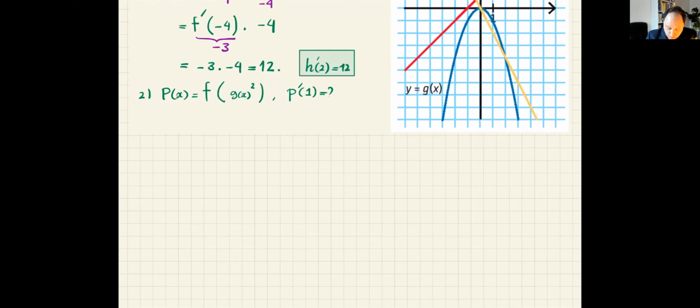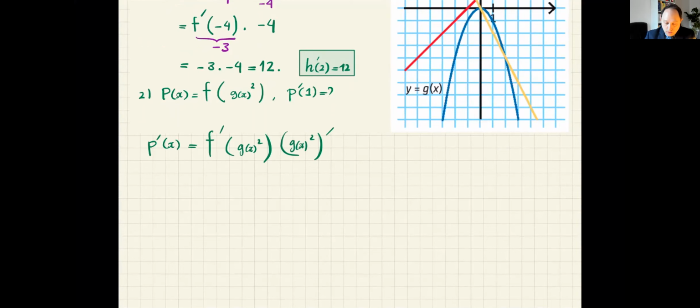Can you help me to do that? If I want to calculate the derivative of p prime, what should I write in front? Anybody? F prime at g of x squared times, and then brackets g of x squared, and then that's the prime. Yes, exactly. So this is what you need to understand.